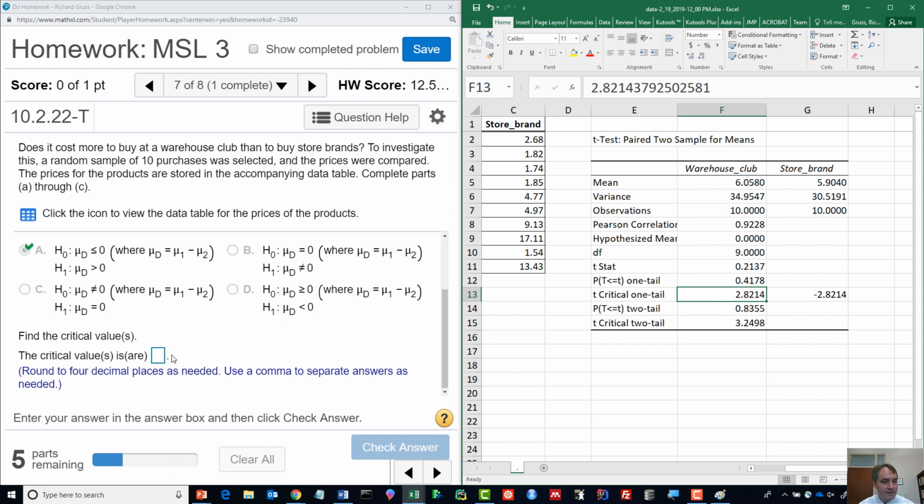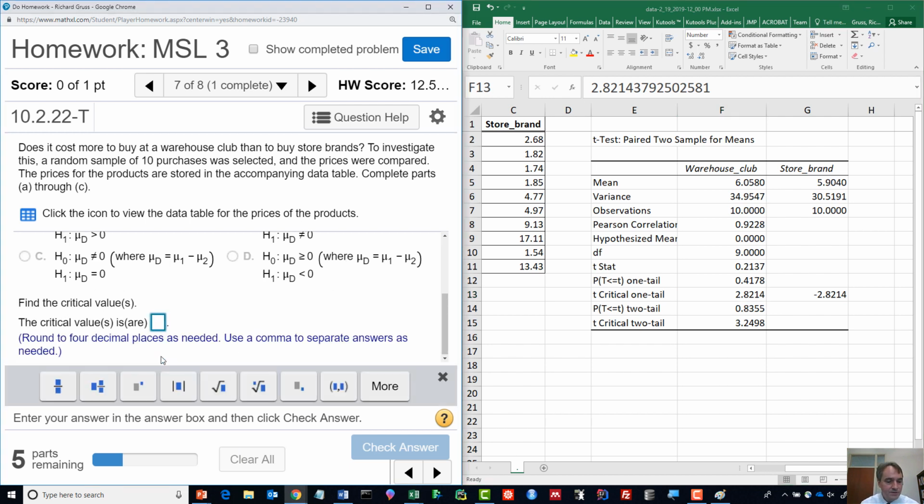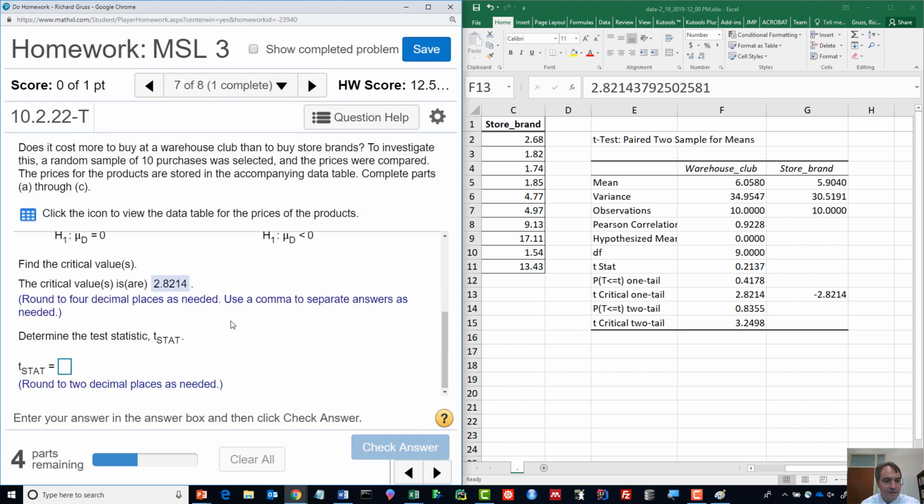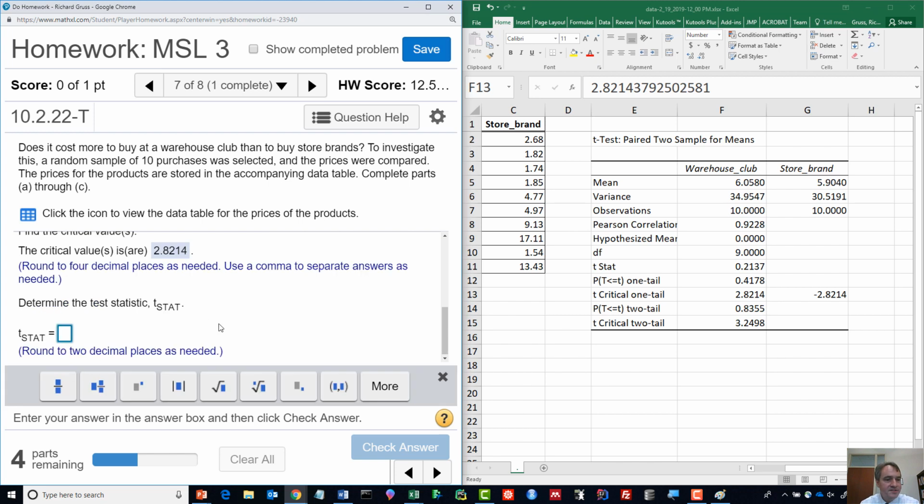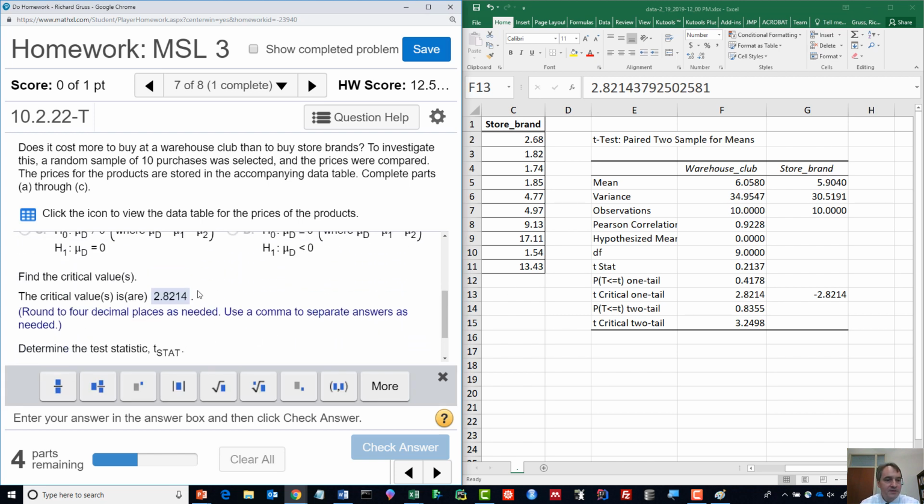So 2.8214. I hope I typed that right. Now, what is the t statistic? We're doing the critical value method here, so we're going to keep an eye on whether this t statistic is greater than this.